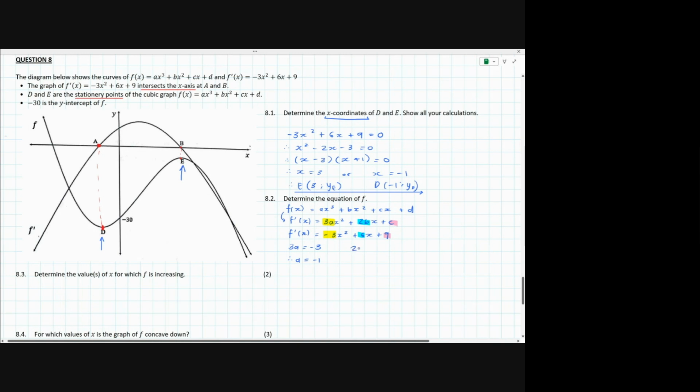We know that 2b must be equal to 6, and so b is equal to 3. And obviously c is the constant, so c is equal to 9. We were told in the information of the question, -30 is the y-intercept, and so d is equal to -30. And so f of x is equal to minus x cubed plus 3x squared plus 9x minus 30.